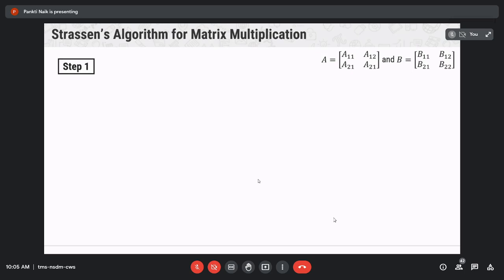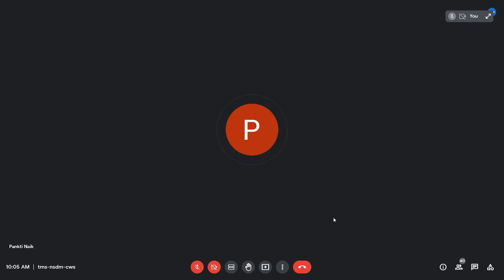Then S3 is equal to A21 plus, there is one mistake here, this is A22, not A21. Okay, so S3 is equal to A21 plus A22 and S4 is equal to B21 minus B11, right? So likewise in step 1 perform different addition and subtraction operations, right?